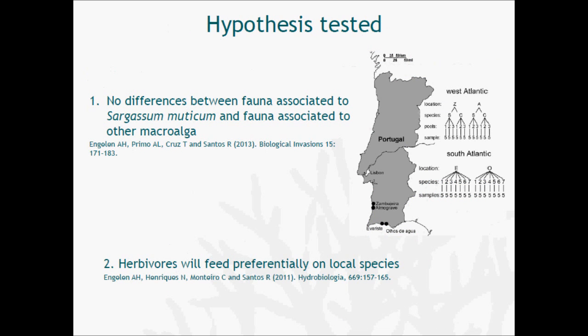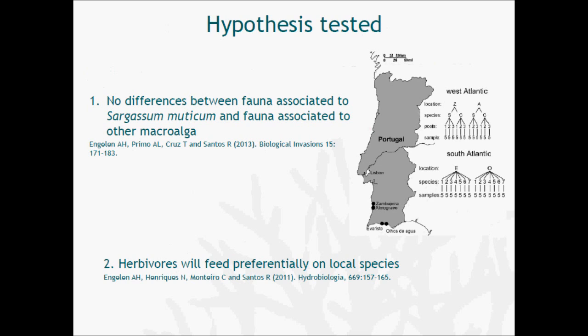Yeah, we can check this. This is the place, the southwest coast and also the southern coast, because the plant went over from 2002 to 2006, and we studied the populations on the west coast and the south coast. We are interested in whether there are differences between the fauna associated with Sargassum muticum and the fauna associated with other macroalgae.